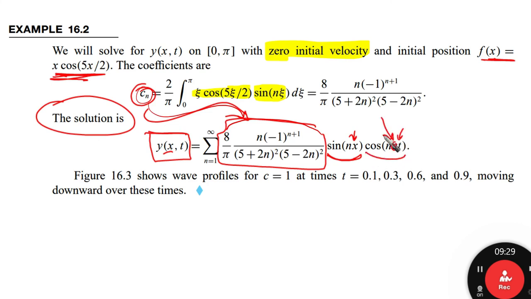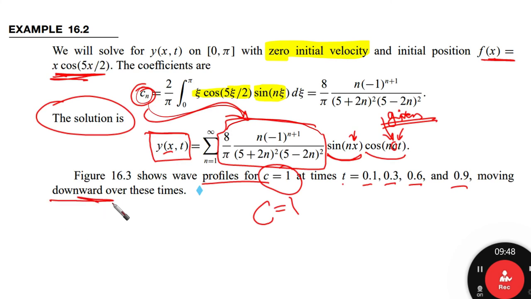C is going to be constant. It should always be given to you, because it depends on the condition of the rope itself, like the density and so on. The following figure shows wave profiles for C equal to 1 and at times 0.1, 0.3, 0.6, 0.9, moving downward over these times.